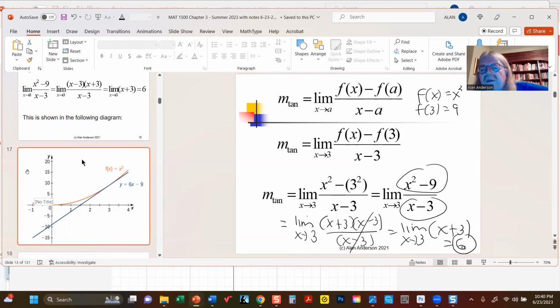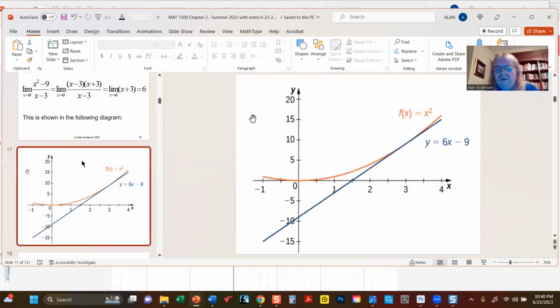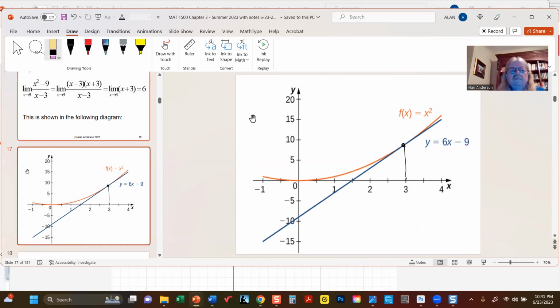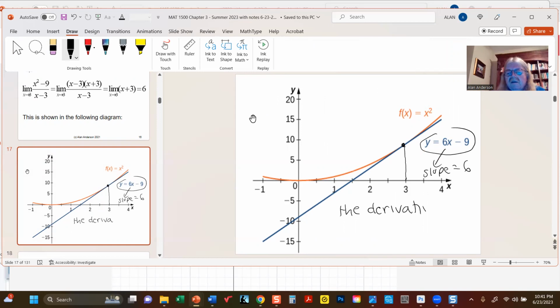Now, in this graph, you're going to see what this is all about. At that point, x equals 3, the tangent line is this blue line, and this is its equation. And clearly it has a slope of 6. And that means that the derivative of f of x at x equals 3 is 6.